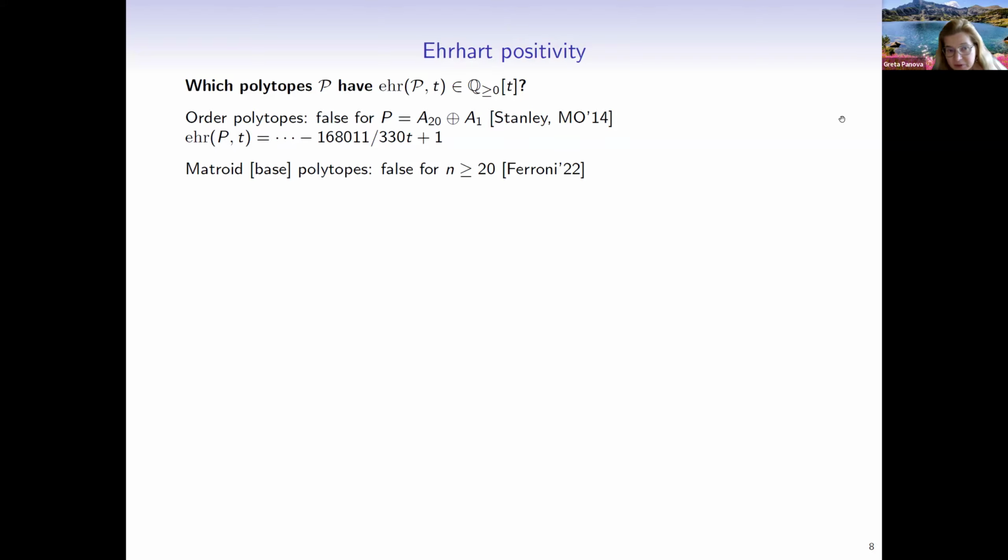If you have a matroid, I will mention this later, you can define a polytope associated to the bases of the matroid. Basically, the bases are going to index the vertices of the polytope. It turns out those Ehrhart polynomials also sometimes have negative coefficients. This was a counterexample found by Luis in 2021.